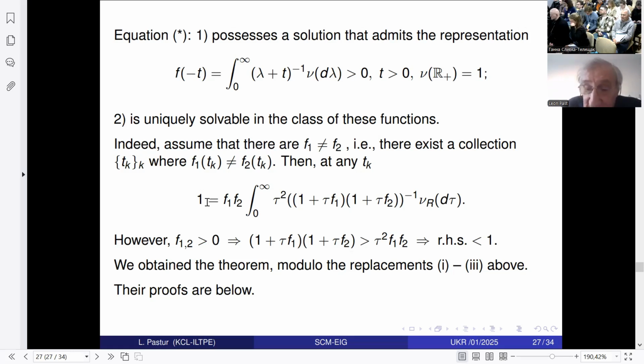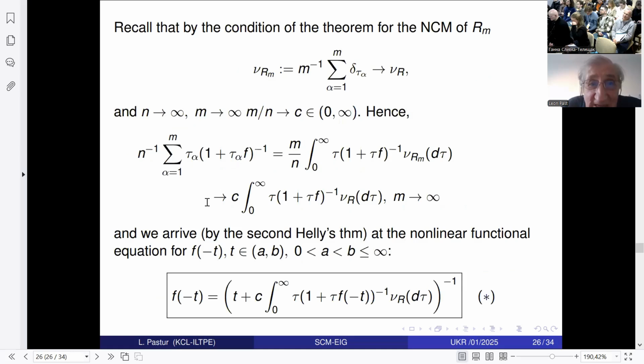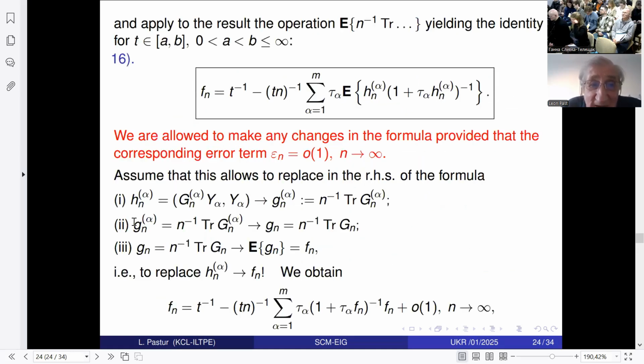And well, the theorem is proved modulo three assertions that I just tried to convince you are indeed valid. So what is our last job? We have to prove that these replacements, which we wrote as steps, three relations, are indeed valid.